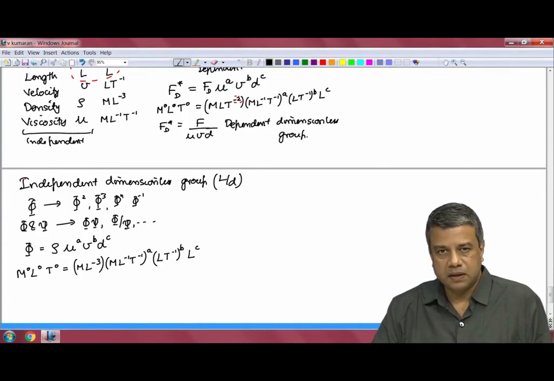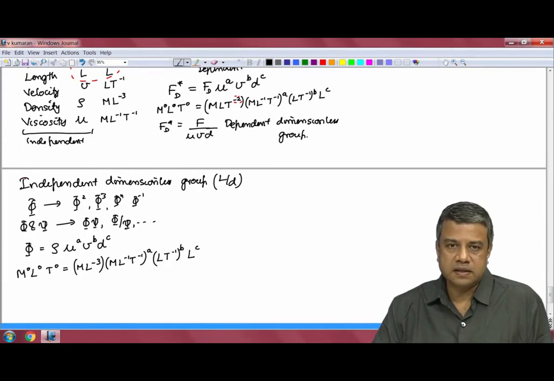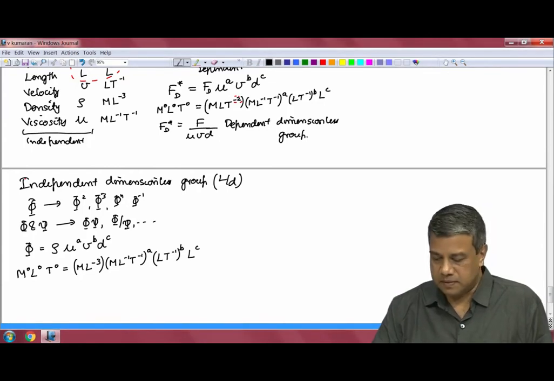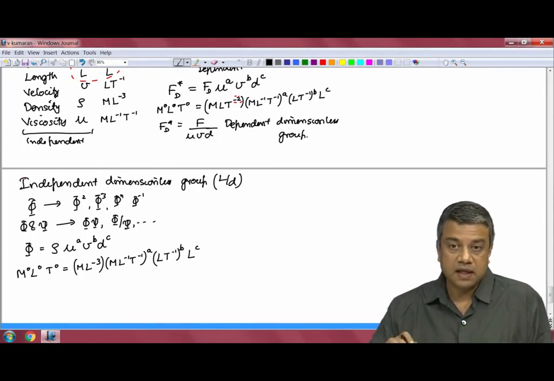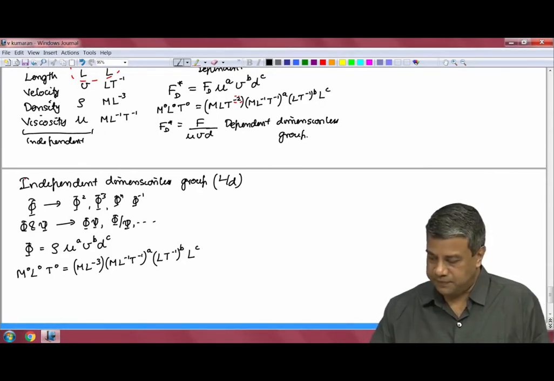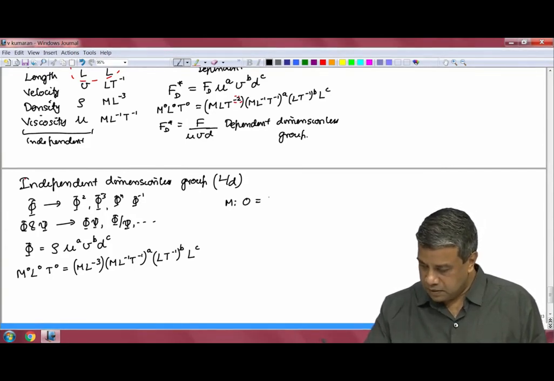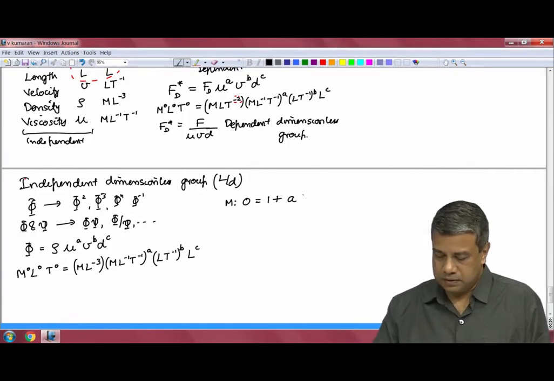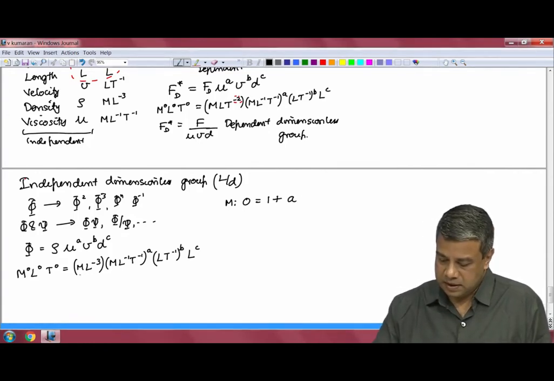And we can find out the exponents in each of these just from dimensional analysis, since the exponents of the fundamental dimensions on both sides have to be the same. So, for the mass dimension in this case, I get 0 is equal to 1 plus A, because only the density and the viscosity involve the mass dimension.